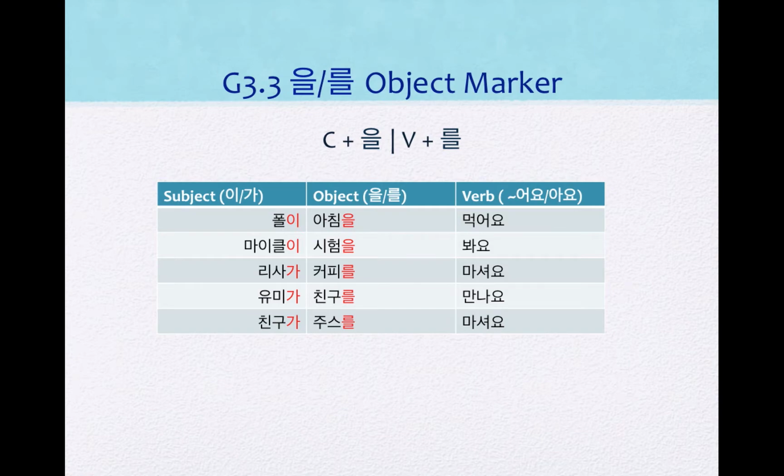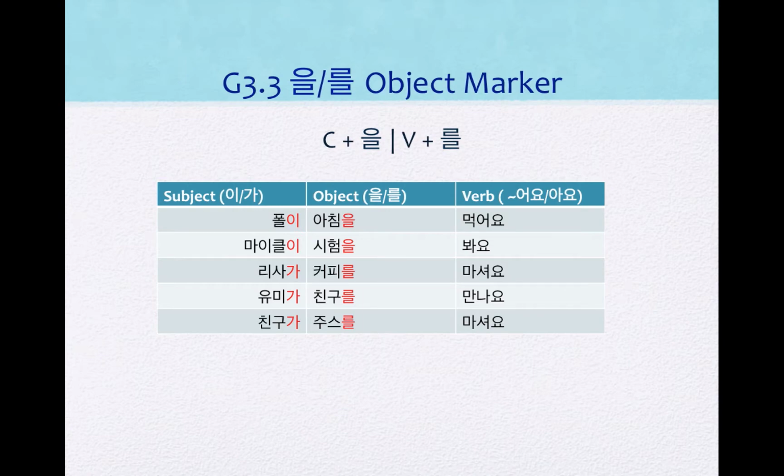Okay, as I have mentioned before, Korean is quite a bit different from English in the sense that the verb comes last. Another way that the Korean language is different from English is that the word order, with the exception of the verb that comes last, or the adjective, a lot of words that come before the verb or the adjective are kind of flexible in terms of their placement.